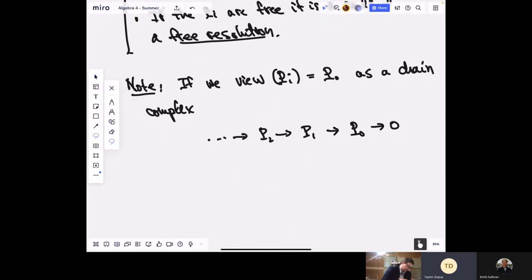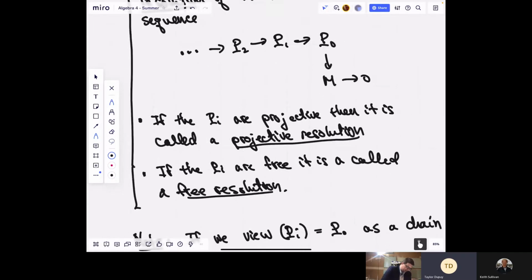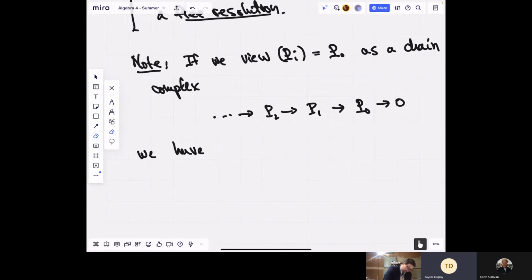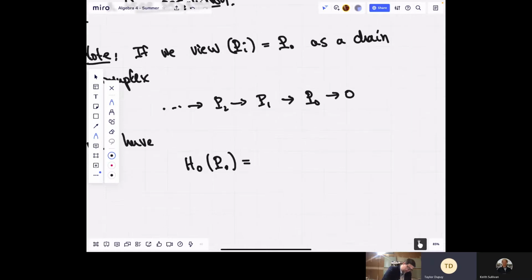Okay, but if we view this as a chain complex, given that it's a resolution, that means that this is an exact sequence, right? And so what we'll have is H0 of this complex. So this is a good reminder.